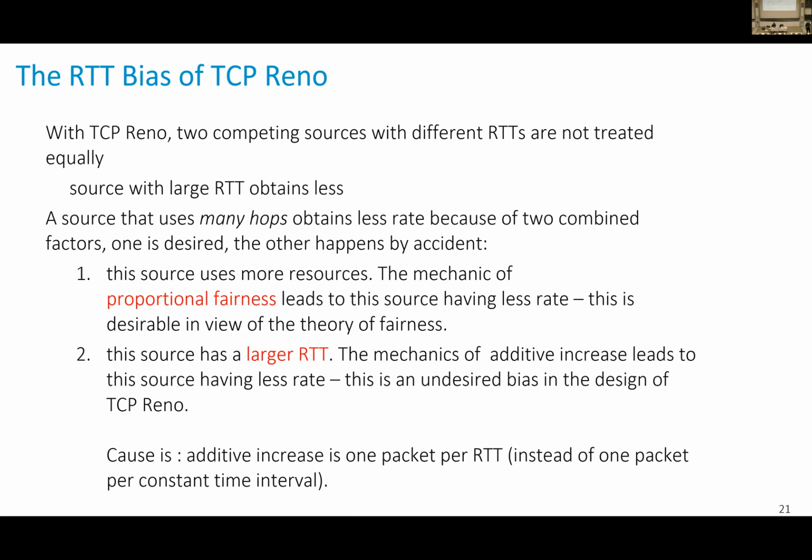So if your RTT is large, the rate increase is smaller. You increase by 1 packet per 10 milliseconds or 1 packet per 100 milliseconds. So you are doing additive increase and multiplicative decrease, but your additive increase is smaller. So you compete with others who have a larger additive increase. Not surprising, they will get more.